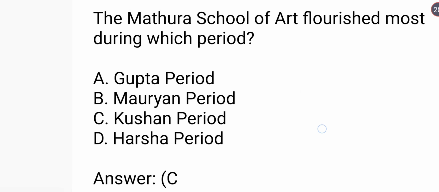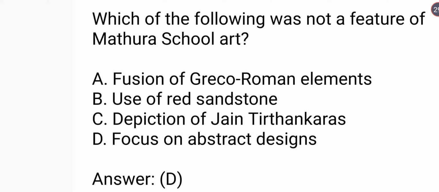Then the next question: the Mathura school of art flourished most during which period? Gupta, Mauryan, Kushan, or Harsha? Yes, the Kushan is the correct answer. Which of the following was not a feature of Mathura school of art?